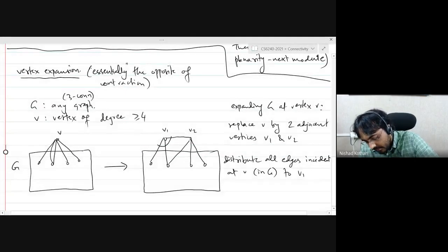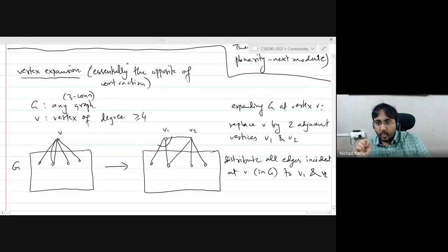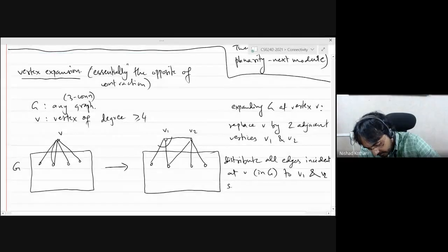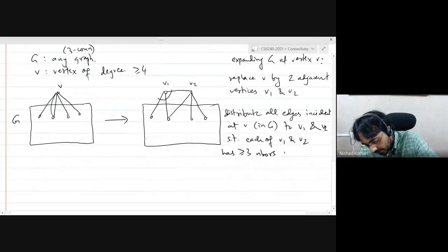What I mean is that if they were incident at V, you now make them incident to one of V1 and V2, such that each of V1 and V2 has at least three neighbors in total in the new graph.